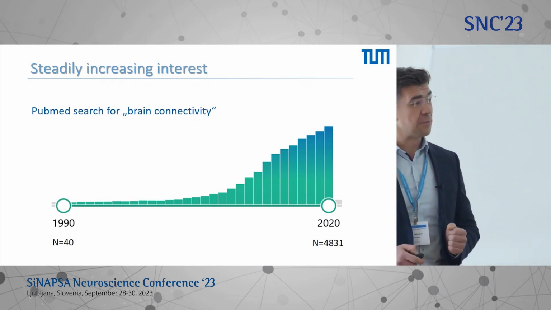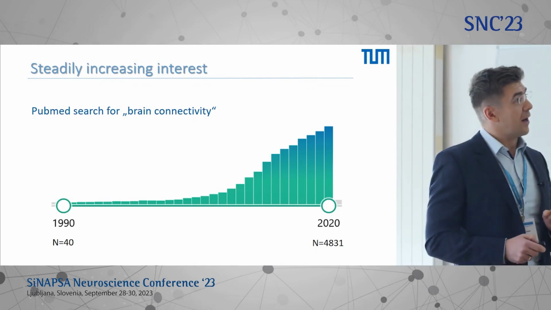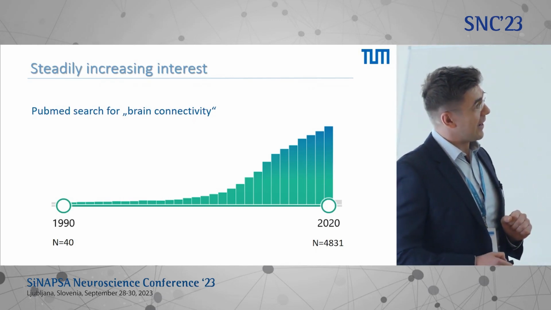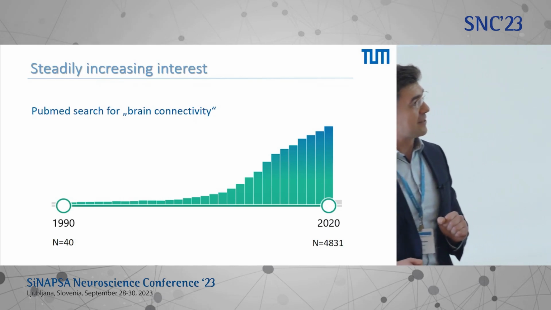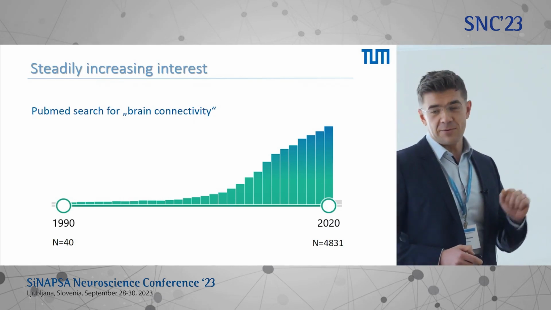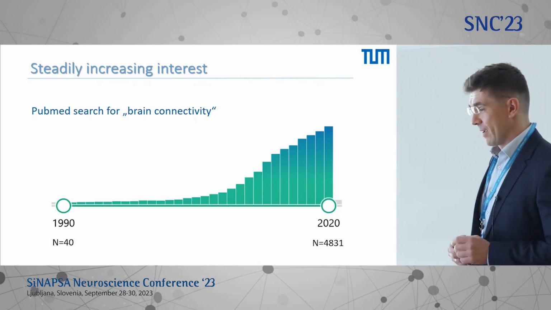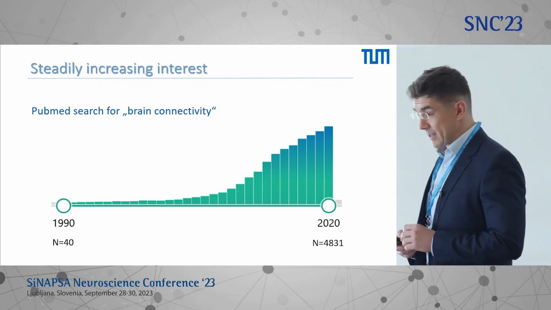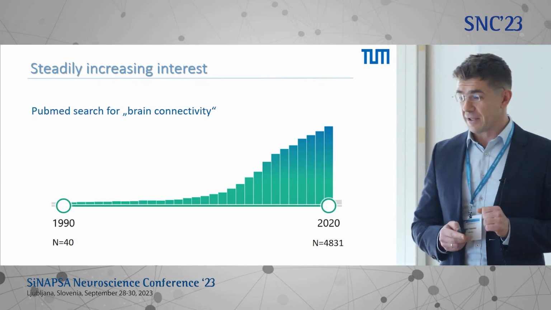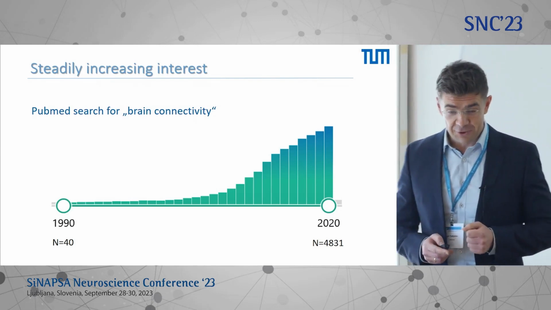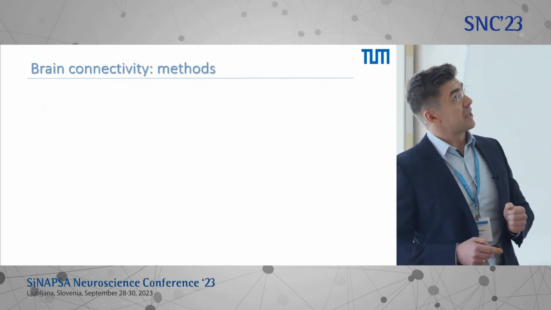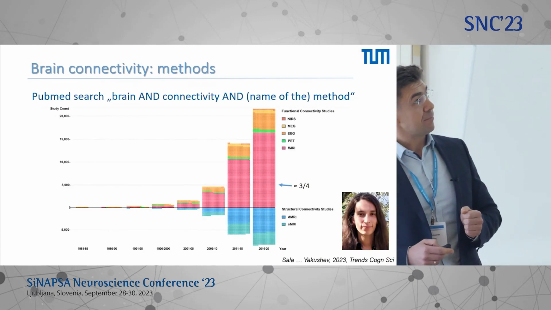So if brain connectivity were a stock, and you had invested 10,000 euro in 1990, you would now be a millionaire. But in my opinion, it is still not too late to invest in brain connectivity research, and I will explain why.